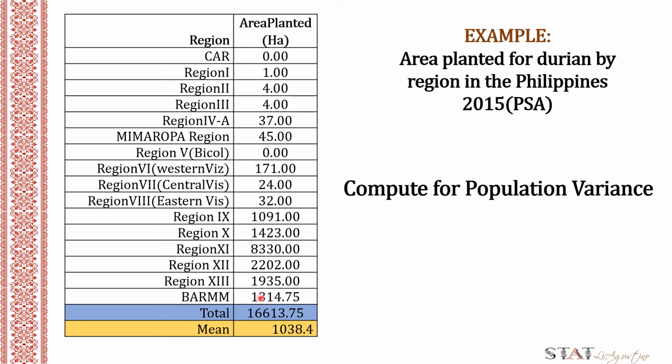Using this data, the total is 16,613.75 hectares of area planted for durian in the Philippines. Using the same data, we also have the mean of 1,038.4, the arithmetic mean for area planted. So how do we compute the population variance?